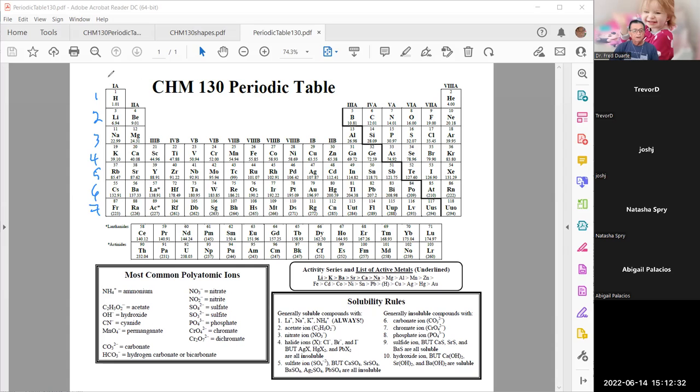Then also keep in mind that I'm going to call these the s, as in Sam, and these the p. Now, since we're going to do the first 20, I don't have to worry about these in here. These are called the d's. So we're going to do the first 20.